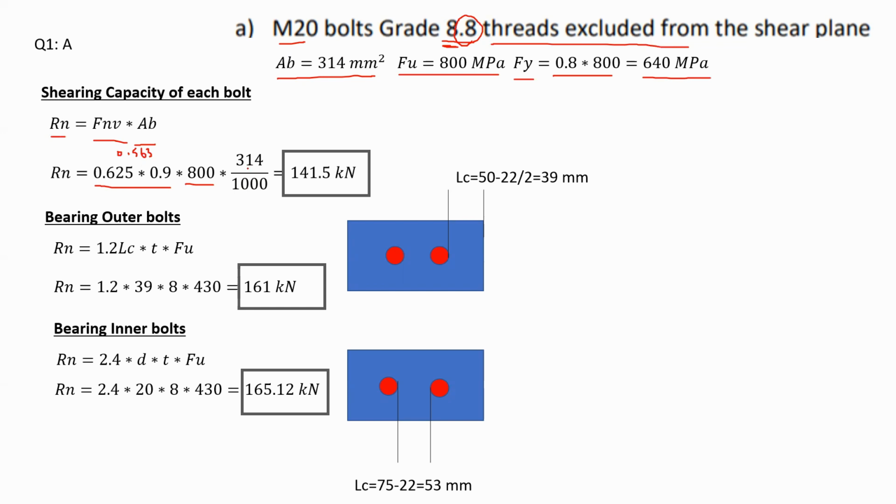The area of each bolt is 314, and we divide by 1,000 because I would like to convert from newtons to kilonewtons. Multiplying all of these, we get the capacity of each bolt in shear equal to 141.5 kilonewtons. Also, we have to consider that we might have bearing for the bolts.